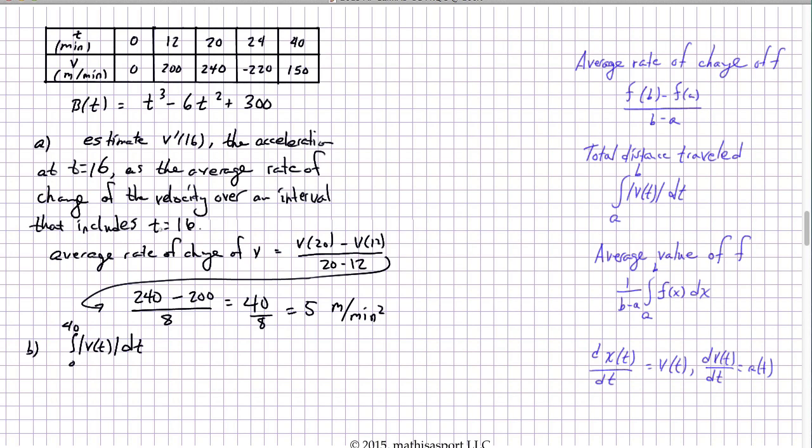So we'll just describe that. That's the total distance traveled by Joanna from t equals 0 to t equals 40.